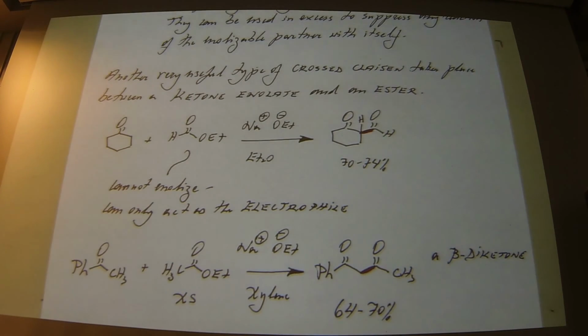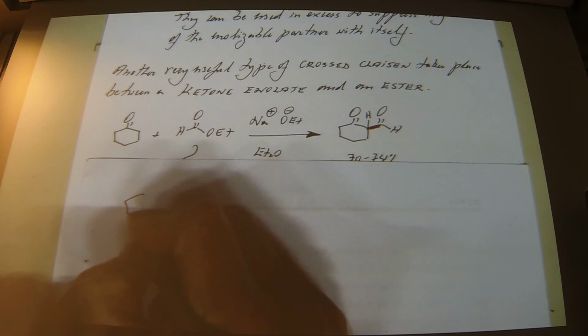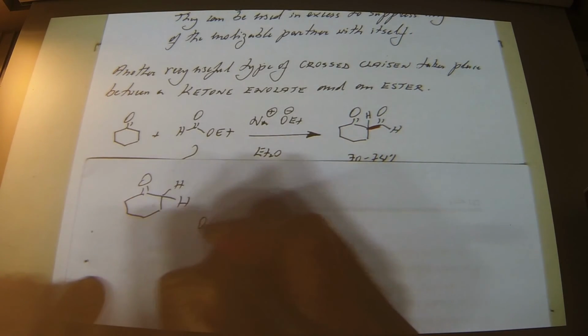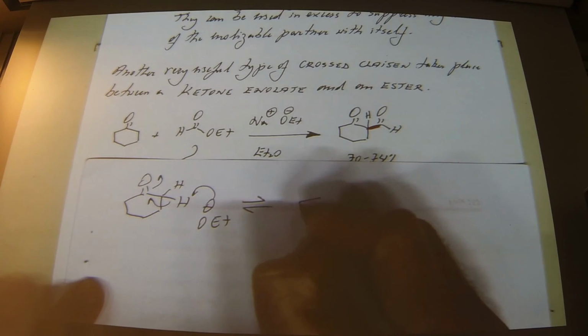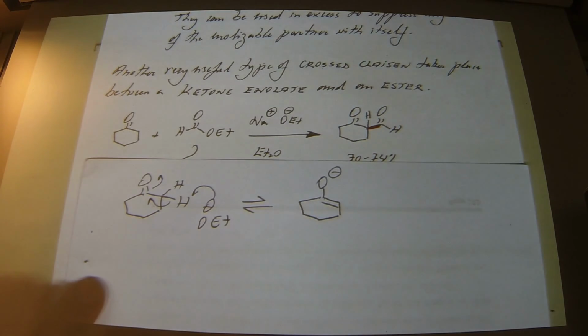So I urge you to look at the mechanisms individually for each and every one of these when you go home. I'll do it for you here. So you end up pulling off one of these protons with ethoxide. That's going to give you an equilibrium of the enolate of the ketone.